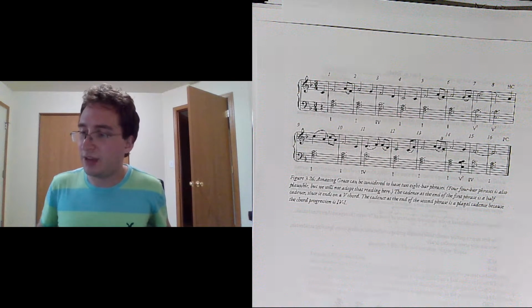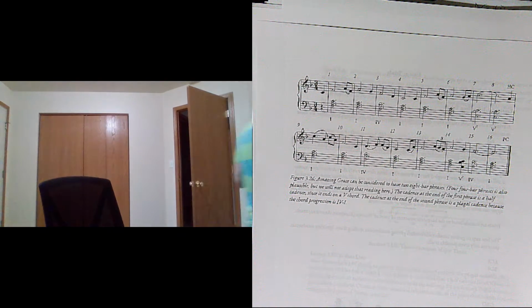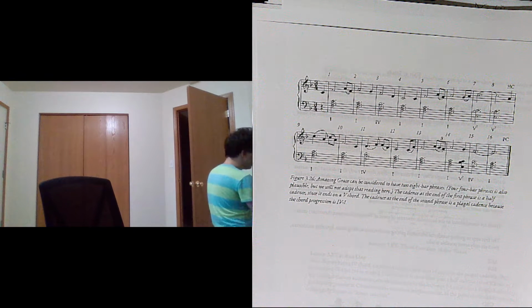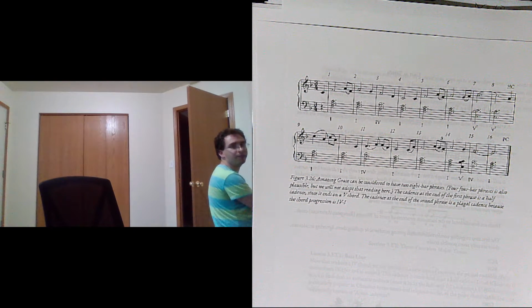If we think about it having 2 8-bar phrases, then at the end of the first phrase, sorry, we end on a 5/7 chord, so that's going to be a half cadence.